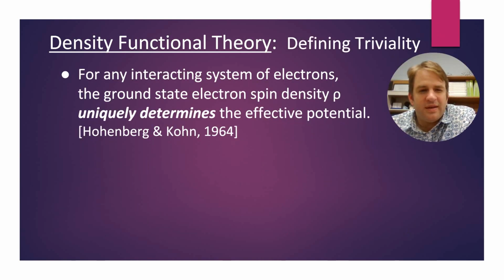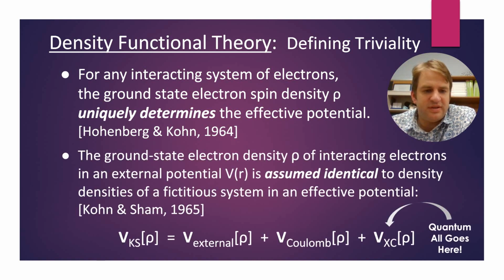Now, can we really do this for any interacting system of electrons? Take the ground state spin density, rho, and have it uniquely determine some effective potential? And this effective potential can now tell us everything about the system. We just imagine a single electron in a force field that acts as if it was a multi-electron system and as if it had all the same properties.